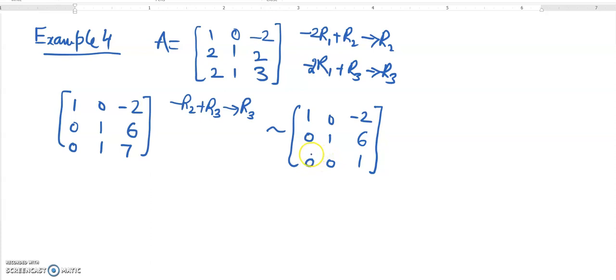This echelon form will provide a unique solution if there are some non-homogeneous terms in Ax equal to b, which means that these three columns are linearly independent.